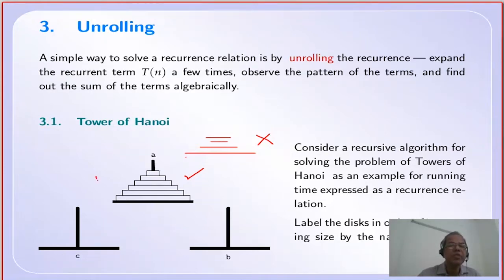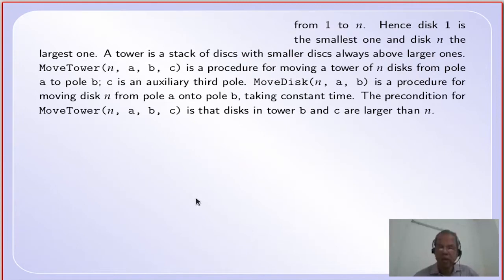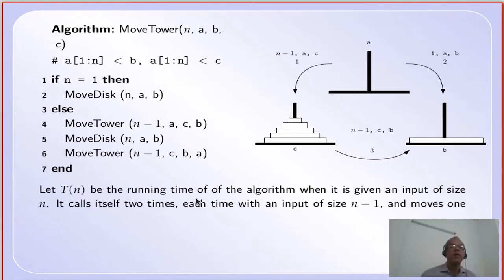Suppose there are n disks. How can we do that? Let's assume that we also have a function move disk. We want to move tower from pole A to pole B. You can use C as an auxiliary pole.